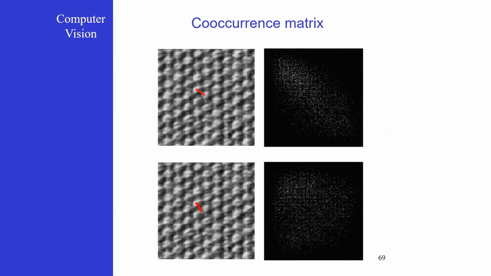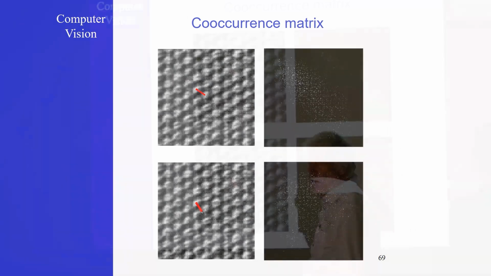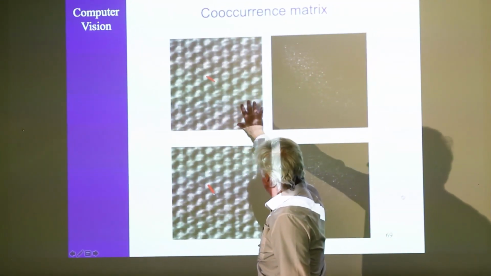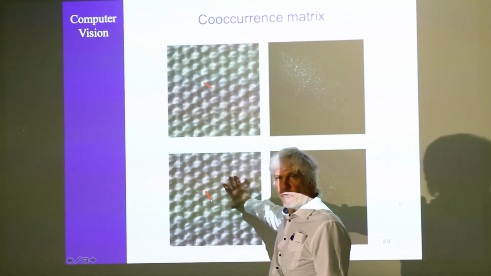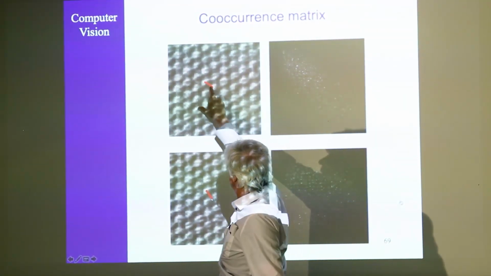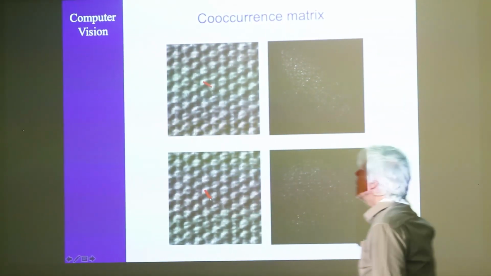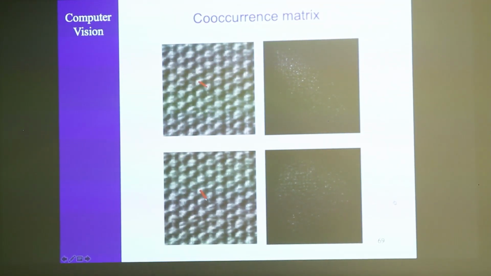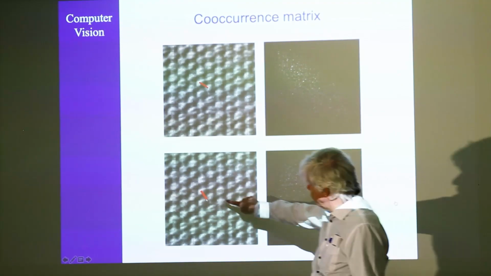Here are some examples. It's a textile, by the way. Here we get the same textile twice, but with a different vector. So that would be the vector that we just defined, specifying the relative positions of head and tail pixels. And here we have a different choice for the vector.